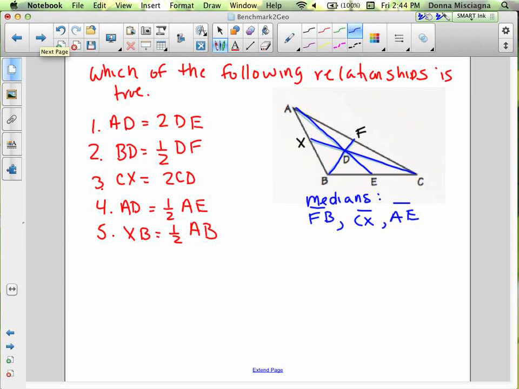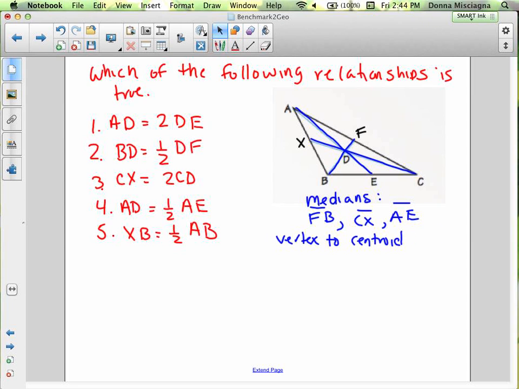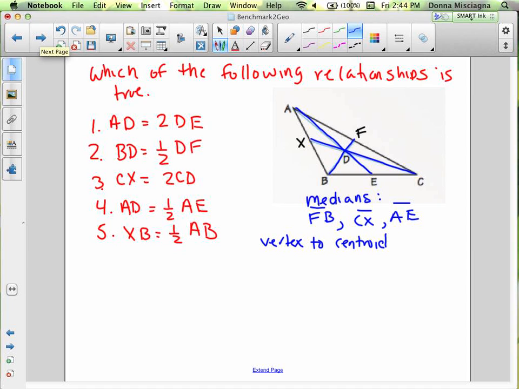And the medians are divided in a certain way. We know that vertex to centroid equals 2/3 the median. The midpoint to centroid equals 1/3 the median.